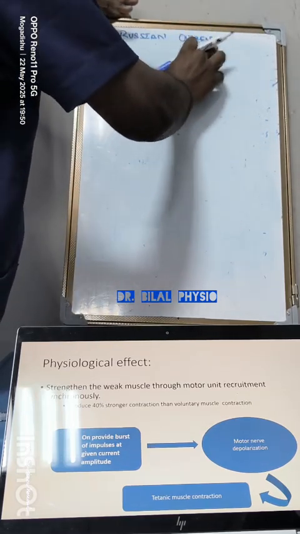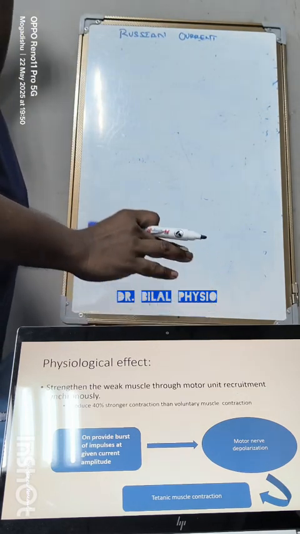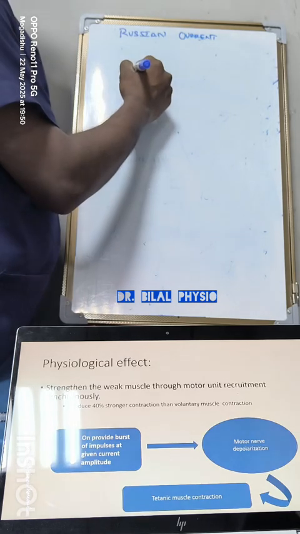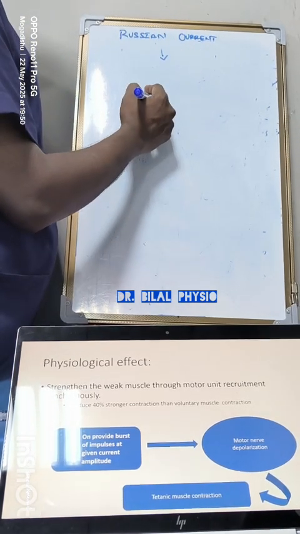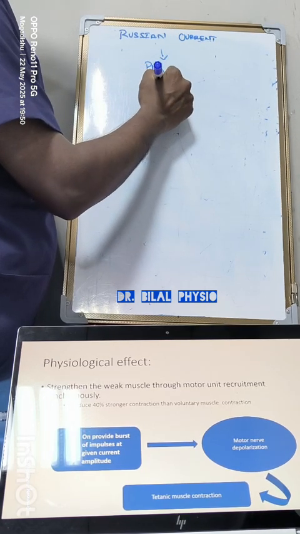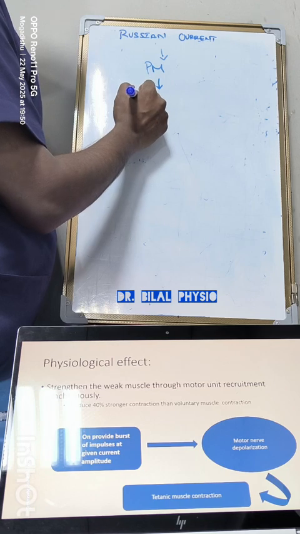So this form of muscle recruitment, motor nerve recruitment, will cause more muscle fibers to get recruited. So when a Russian current is applied to a particular muscle, it causes the recruitment of more motor fibers.